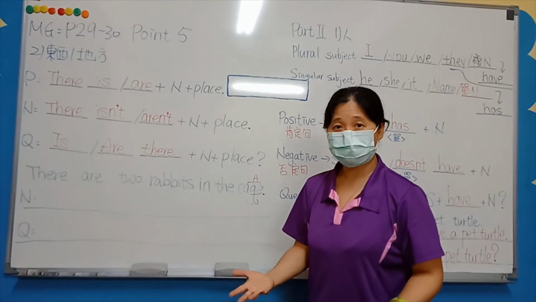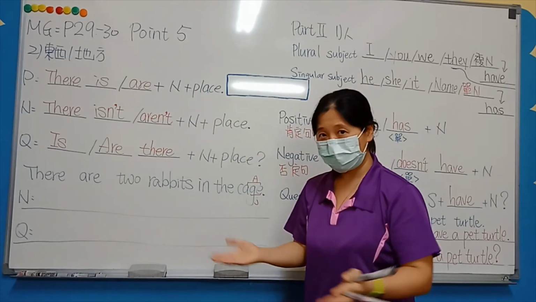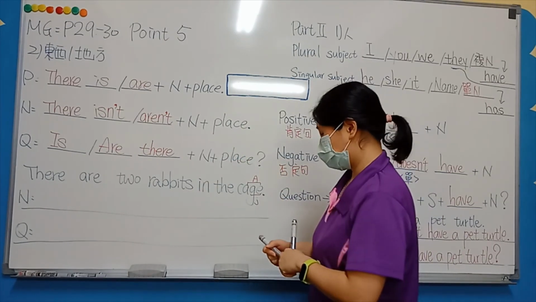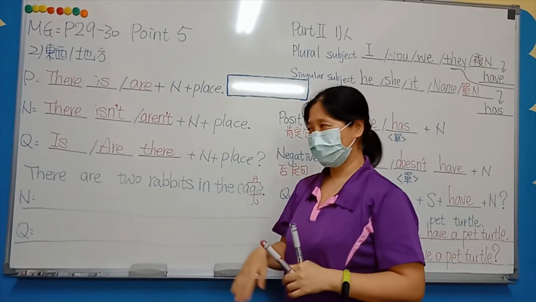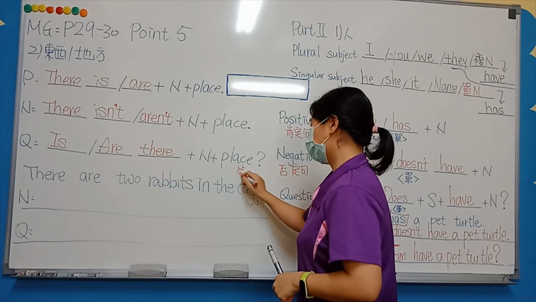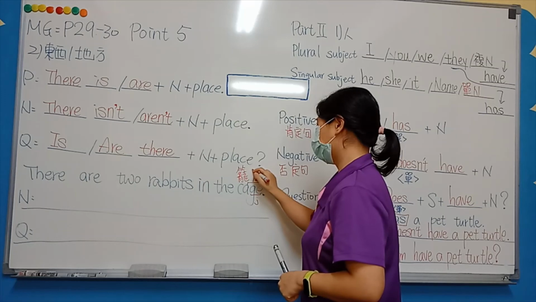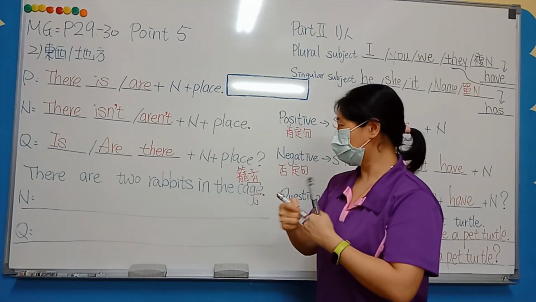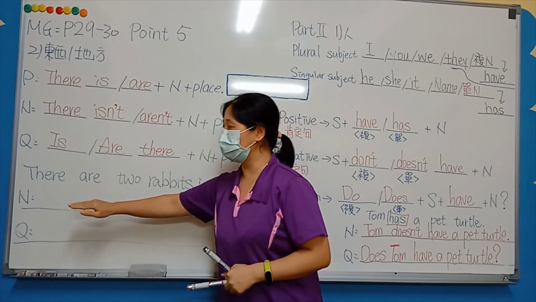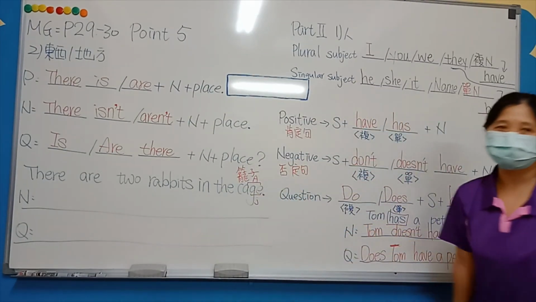So what's a cage? Put inside the cage. So this one is 笼子, okay? So in the cage. So you need to change this sentence into a negative sentence and a question sentence. Okay? Do it now.